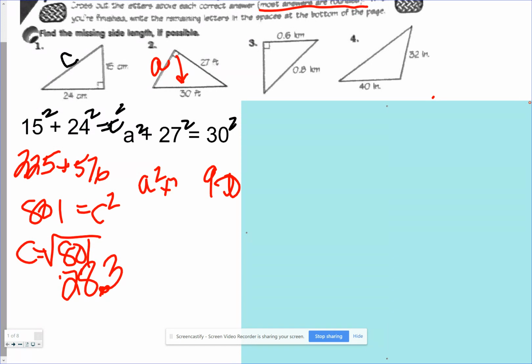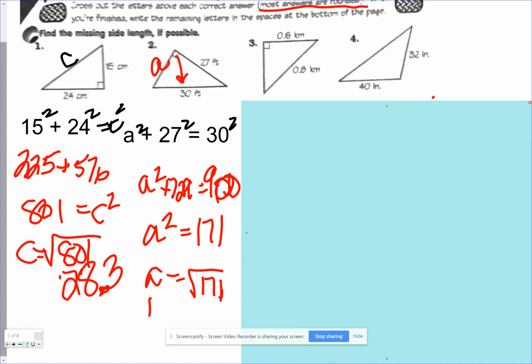So 729, here was 900. Subtract 729 from each side. When you do that, you're left with 171, which means that a, this missing leg, is equal to the square root of 171, and that should be approximately 13 1/10. Okay, and we're in feet. So go ahead and look down below for that one. I'll circle these guys for you.